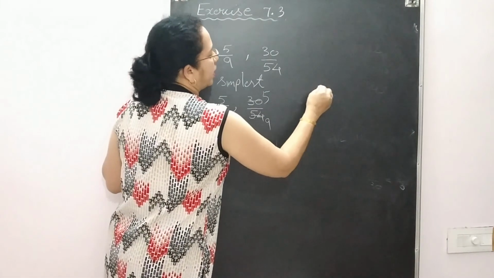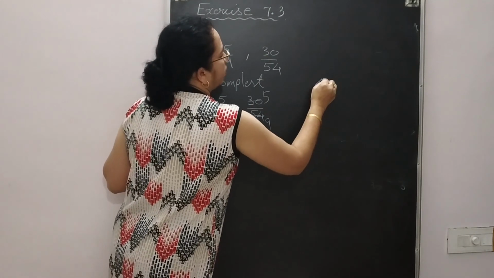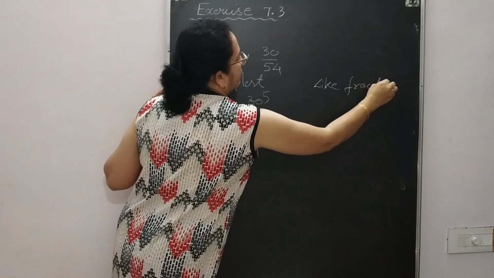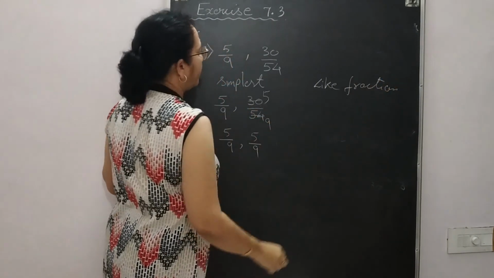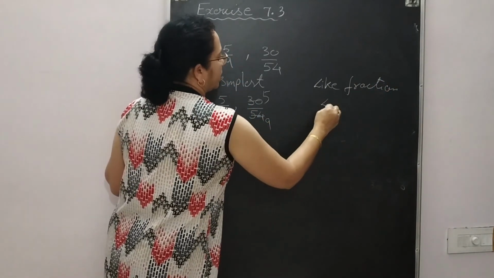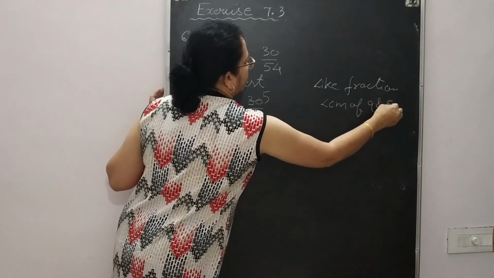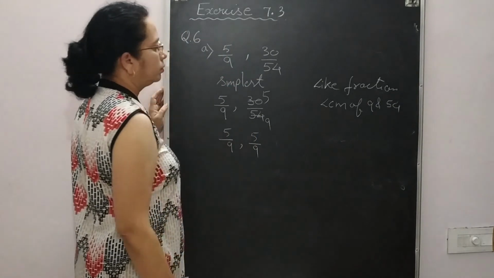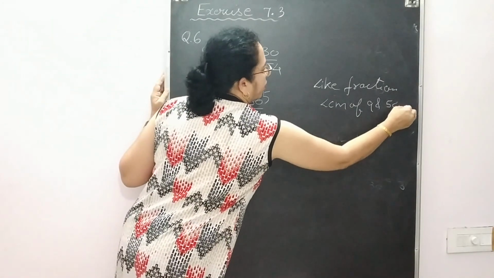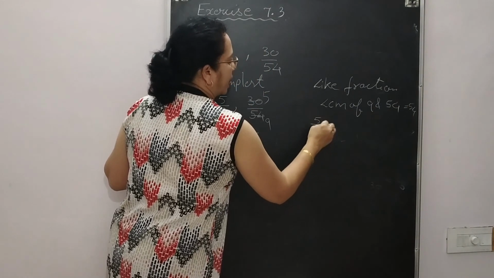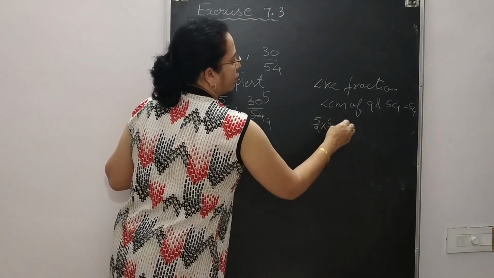Okay. Another method is you can convert into like fractions. So to convert into like fractions, we require LCM. So what is the LCM over here? LCM of 9 and 54. Definitely LCM will be 54. So first fraction you will multiply by 6 upon 6 to get 54.